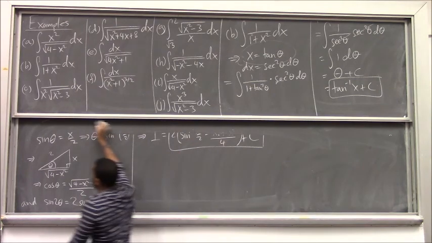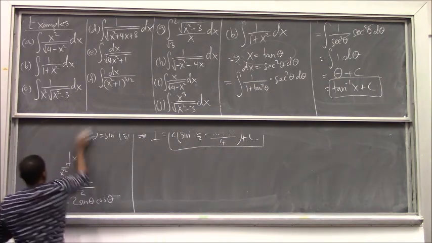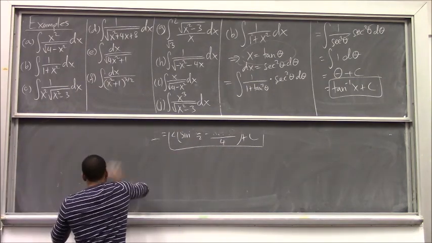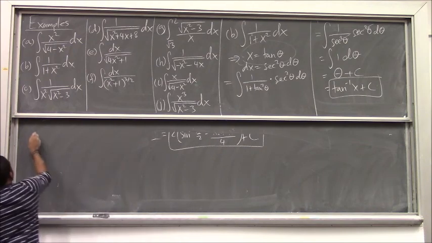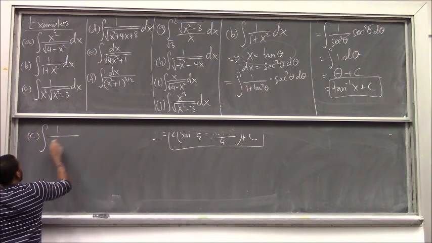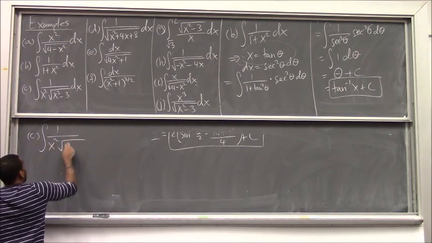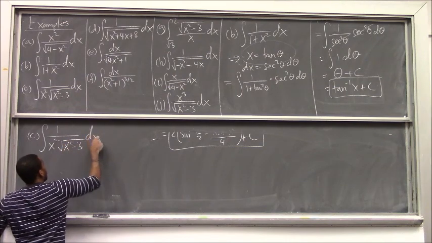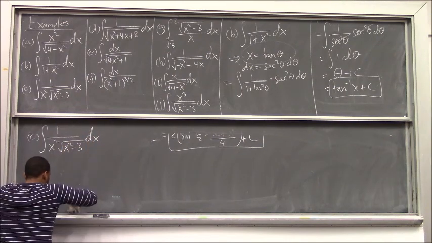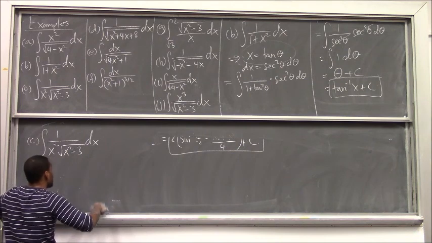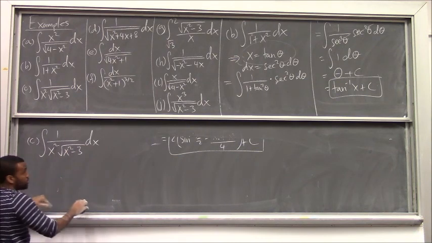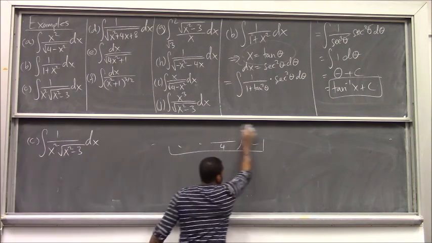Let's look at example C. Of course, that guy looks pretty annoying. I do want you to take some time to appreciate that it's not a basic rule. You can't really simplify that to look like a basic rule, and a substitution wouldn't really work out for you.